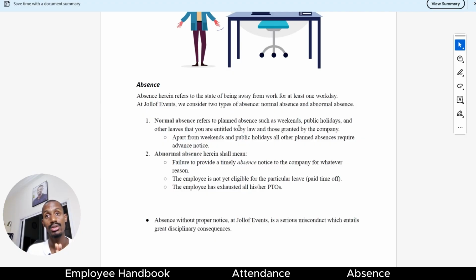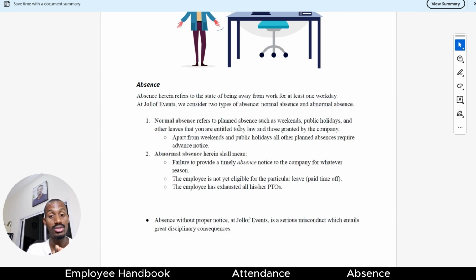The law says that everybody deserves weekends, annual leaves, and everything. It is planned, so the company knows that you are not coming, and will plan for it and prepare for life without you, either for a day or for a week or for several days.